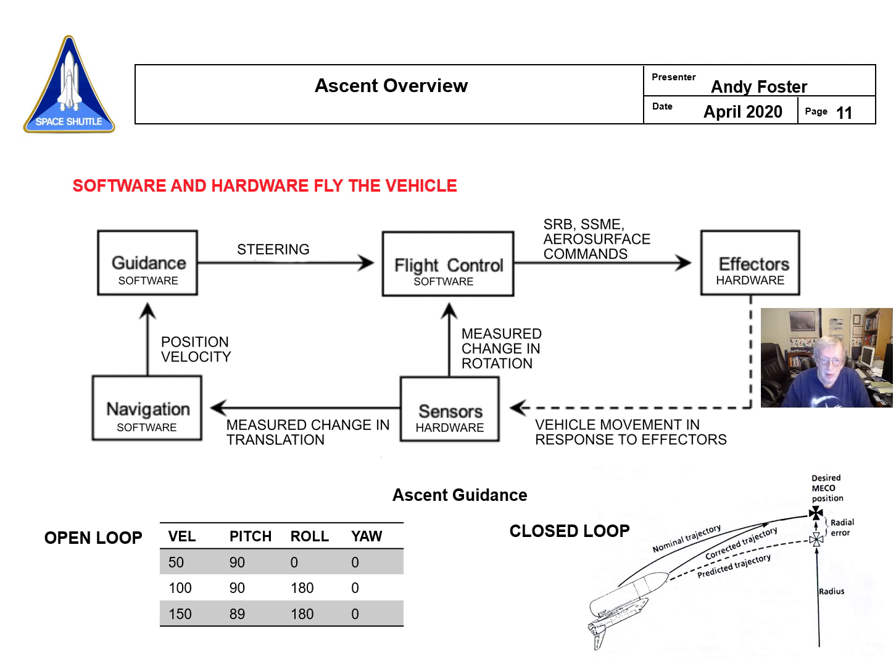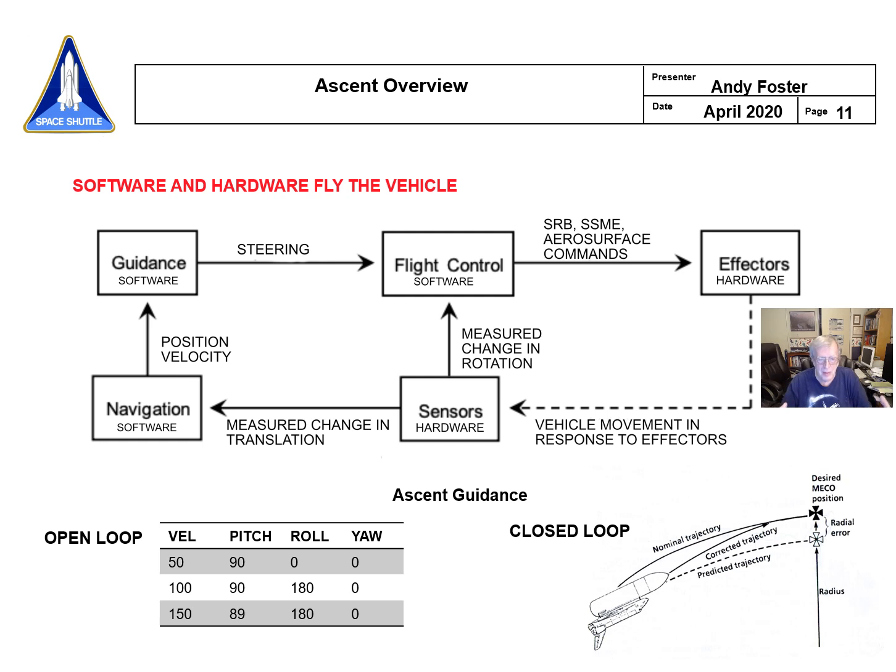And then as it moved those, we had other sensors in the vehicle that would measure changes in translation or changes in rotation, and it would feed that information back in navigation, because that's essentially helping navigation software figure out where it is and what attitude the vehicle is in and all that kind of stuff.